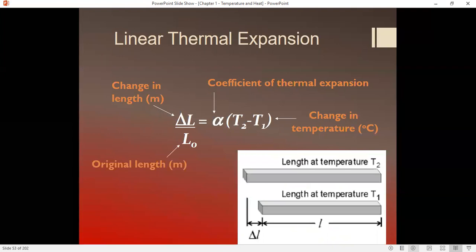Now, linear thermal expansion is saying that the change in length of an object, okay, so there's delta L right there, is going to be proportional to some change in temperature, okay?